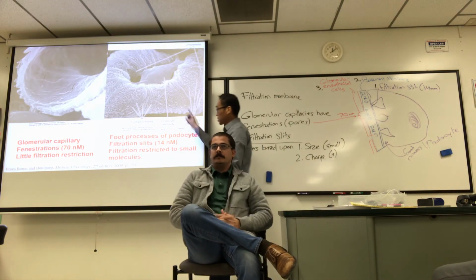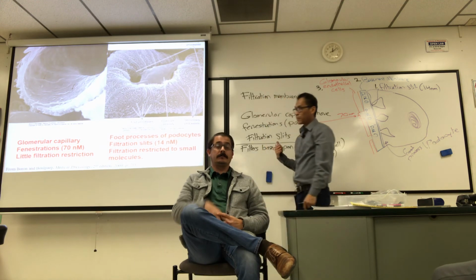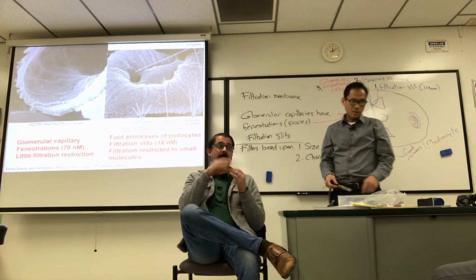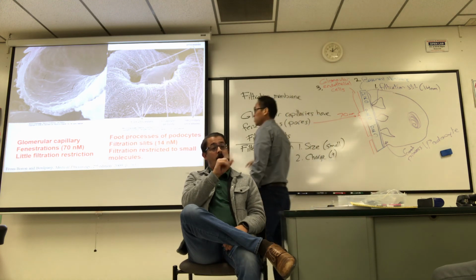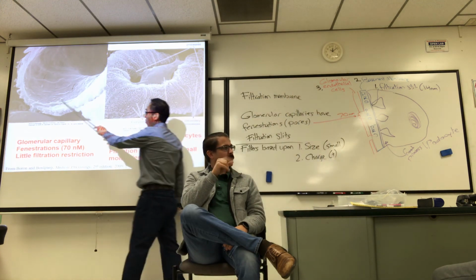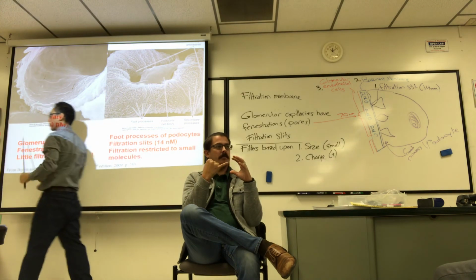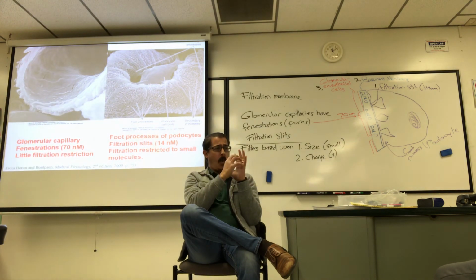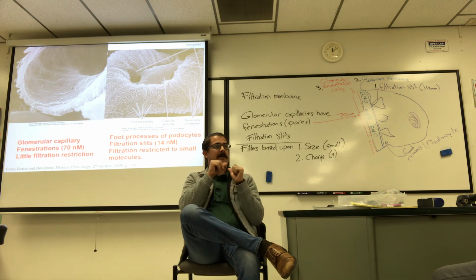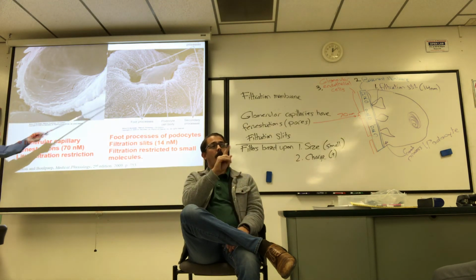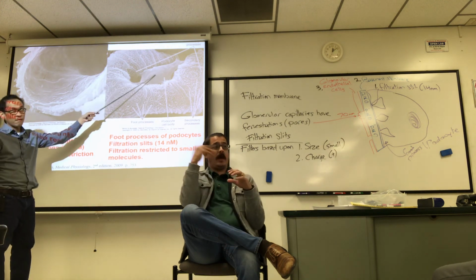I think the picture is way better than the drawings. Let's look at the glomerular capillary from the inside so you can see the fenestrations. It's peppered with all these little holes. I showed this to you before when I taught the different capillaries. Continuous, fenestrated, sinusoidal. This is fenestrated. If you look at the glomerular capillary from the outside, you can see the podocyte right there.